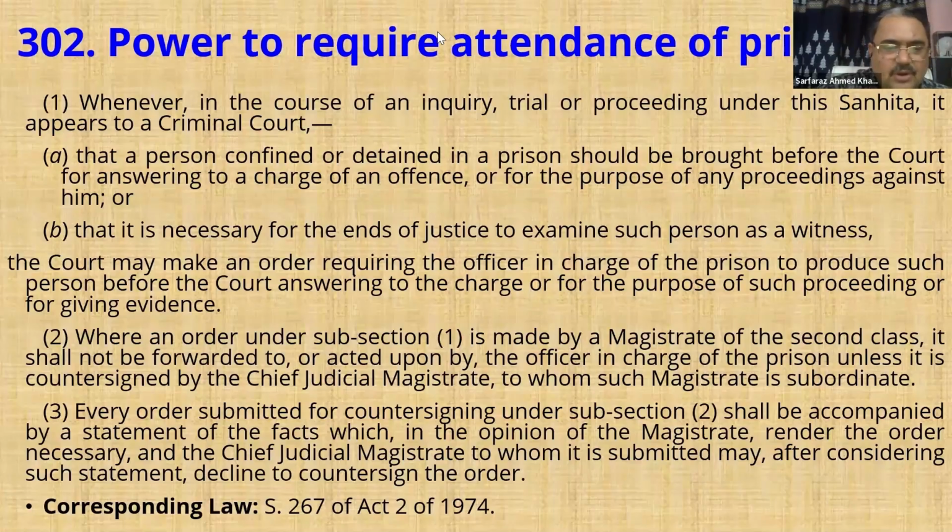Clause 3 says every order submitted for countersigning under subsection 2 shall be accompanied by a statement of facts which in the opinion of the magistrate render the order necessary, and the CJM to whom it is submitted may, after considering such statement, decline to countersign the order. That's the liberty of the CJM to decide whether to sign it or to decline the signing. The CJM can do both.